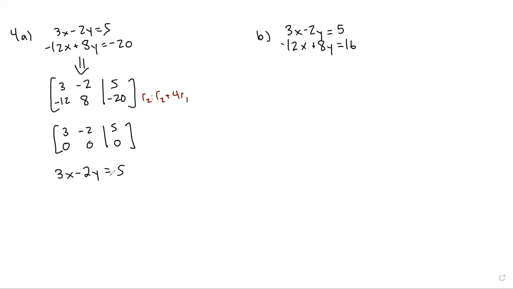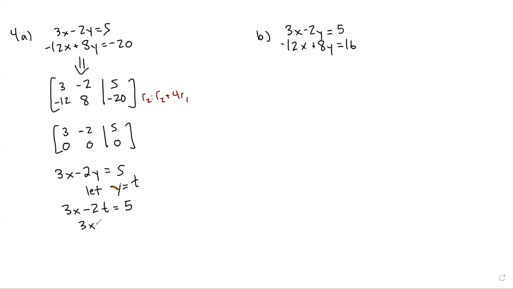So what we want is an easy way to generate points of this equation. One way that we could do it is just letting one of the two variables, x or y, be a parameter t. So I could say, let y equal t. And so then I'd have 3x minus 2t equals 5.